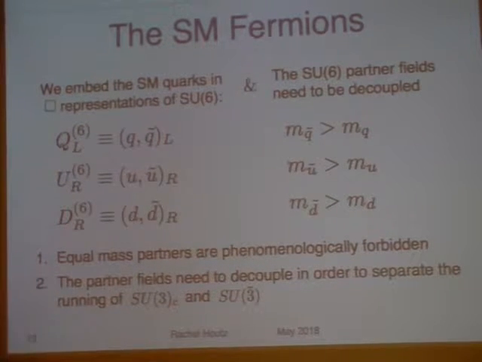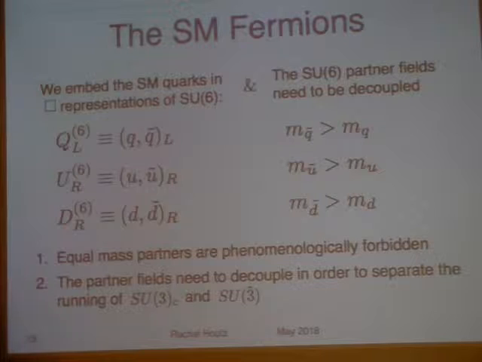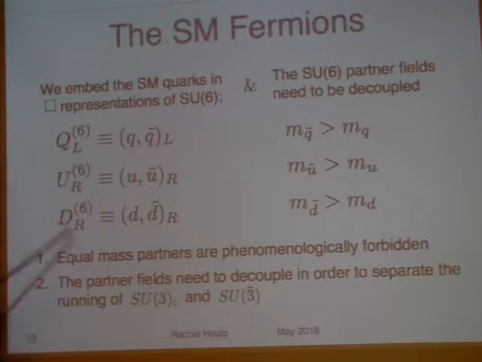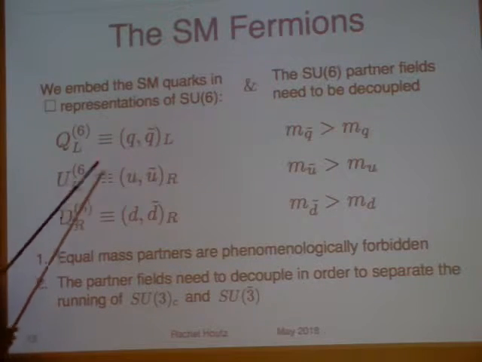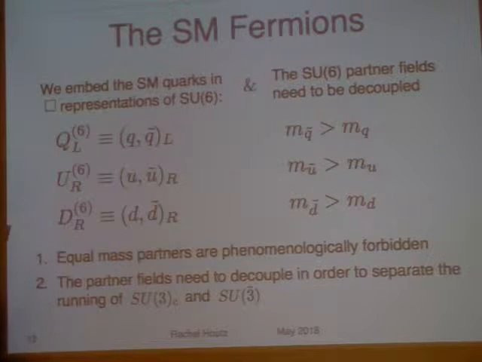All right, so the big problem we have right now with our theory is the standard model fermions, right? The standard model quarks are charged under QCD, and QCD lives inside this SU(6), so we need to put them inside SU(6) fields. So we put them just in the simple fundamental representation of SU(6), so that under breaking we have them in the 3 of QCD and the 3 of QCD tilde.